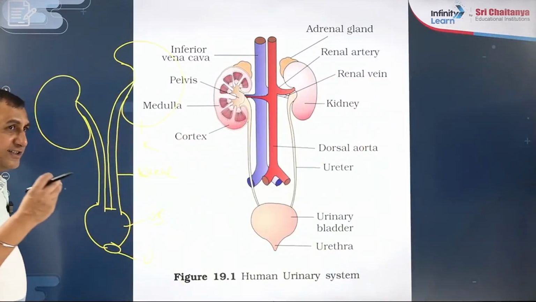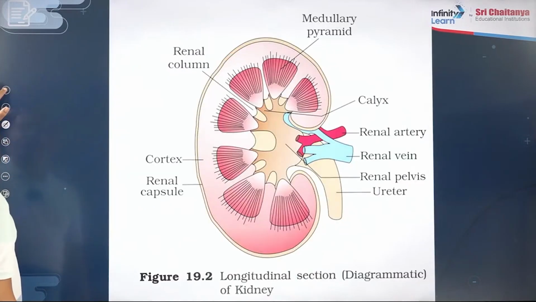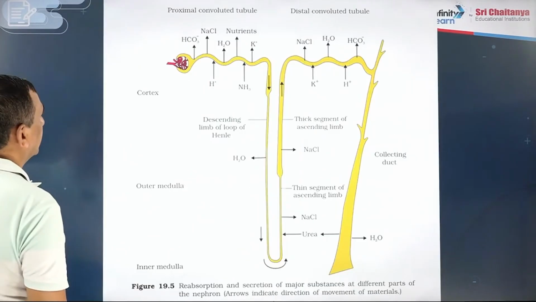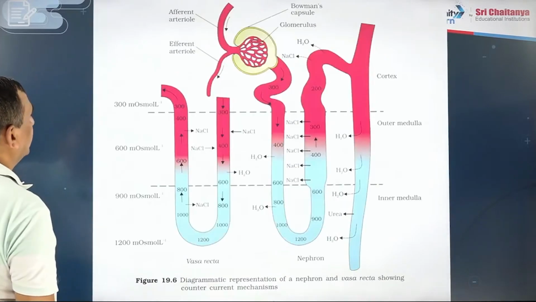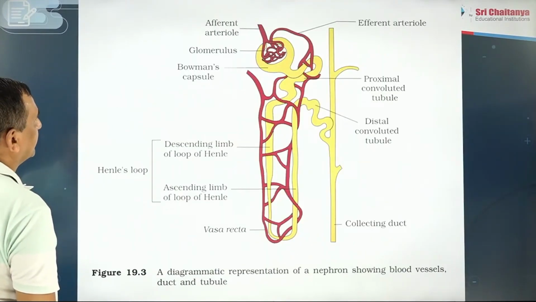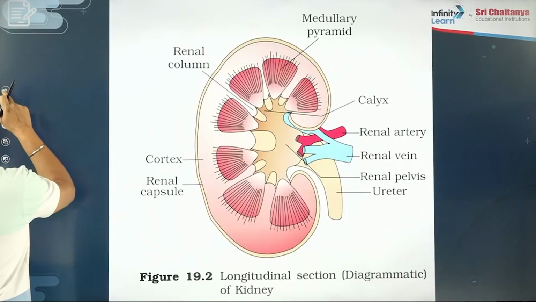So each kidney of a human being is made up of approximately 1 million units. These units are known as the nephron.